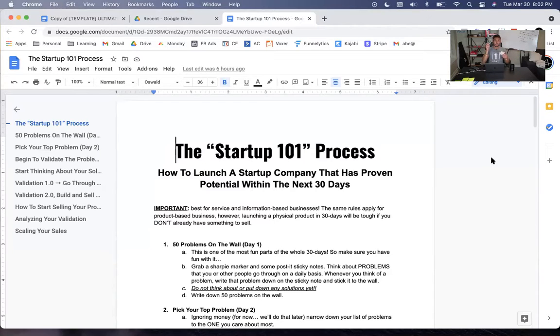If you have an Expo marker or a Sharpie marker, get these two things. Before you start thinking about ideas for types of businesses that you want to create, I want you to focus on problems. You're going to see why this is so important in a moment. Let's do a couple together just so you have some clarity.